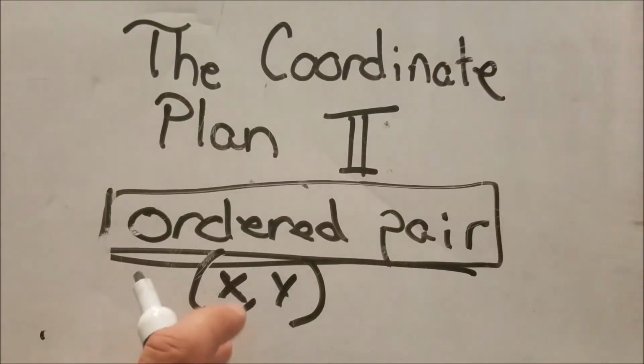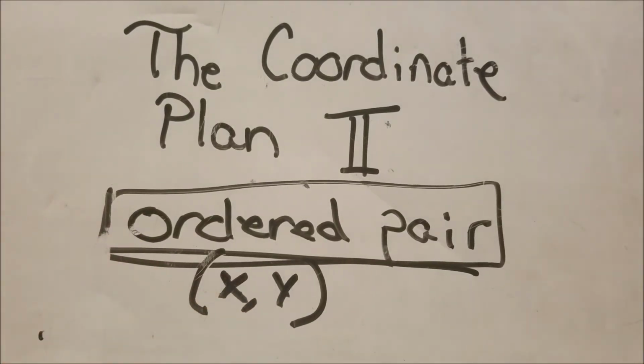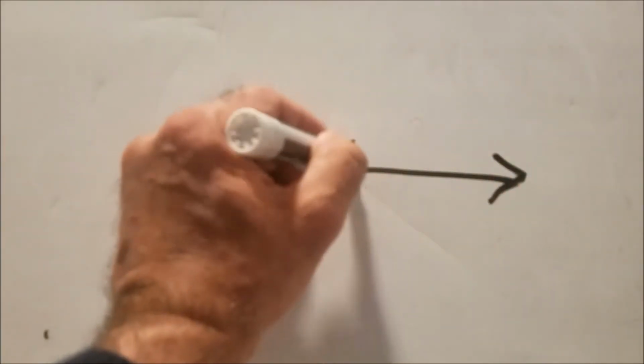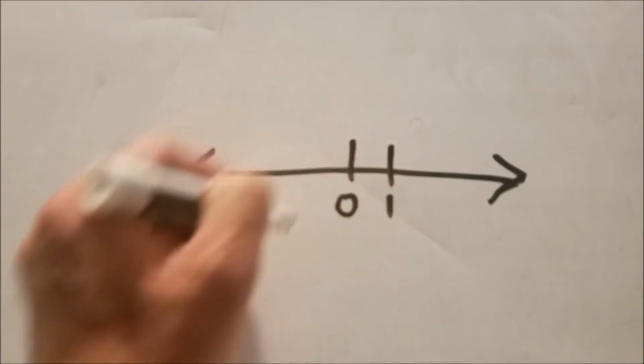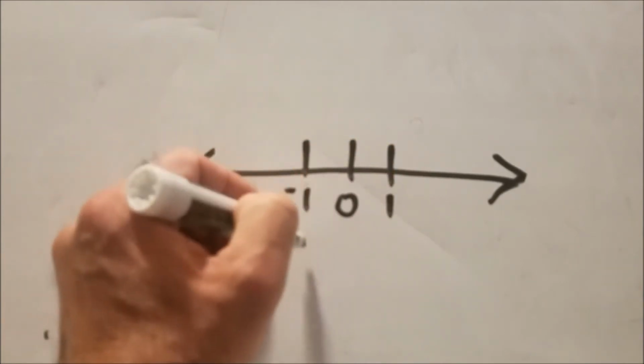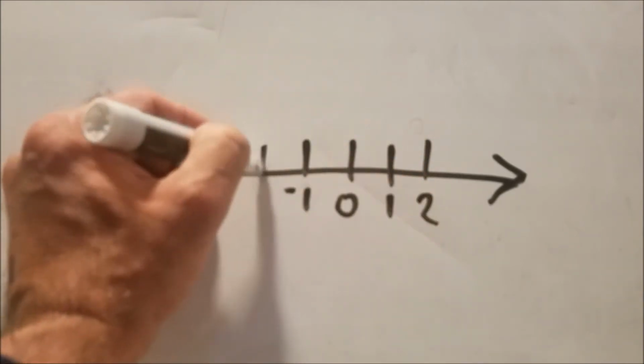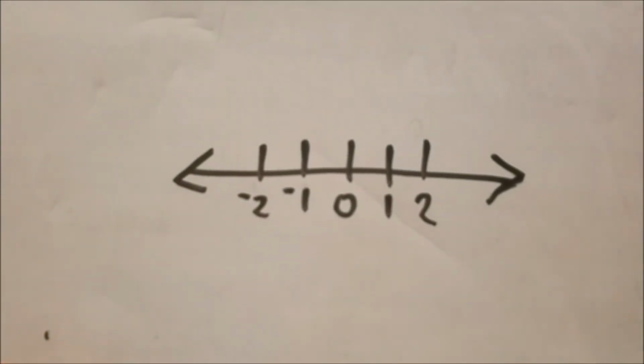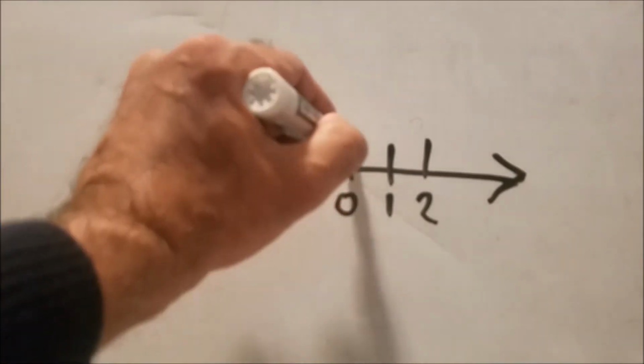So again, let's look at a number line so we understand it. Let me erase this. If I had a number line, this is horizontal. There's 0. There's 1. That's negative 1. There's 2. There's negative 2, right? The same way on the axis. And then the y is this way.